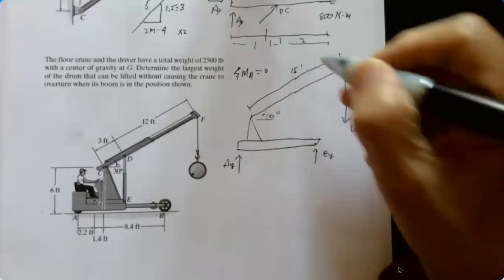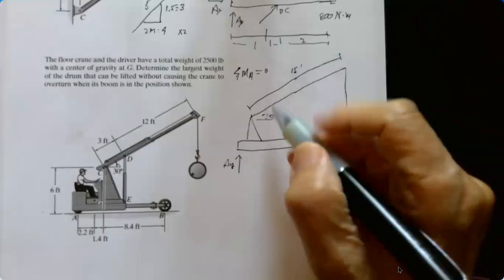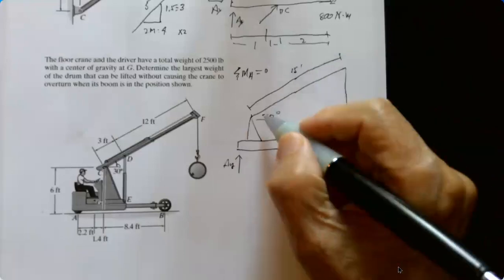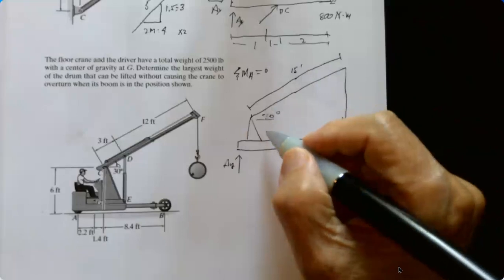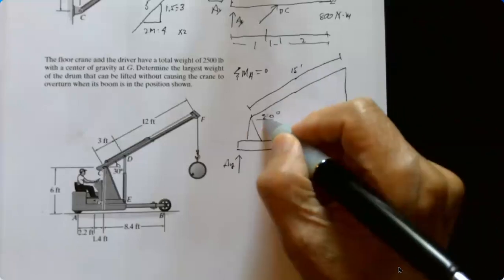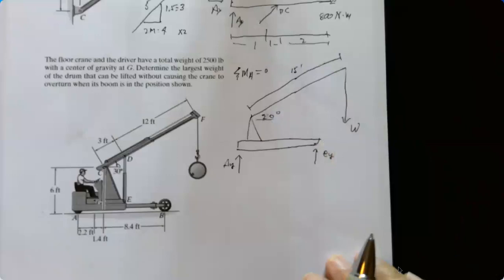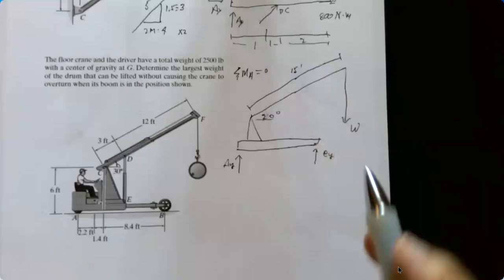And it's acting at an angle of 30 degrees. So that's 30 degrees right here. And we want to know what weight is tipping.